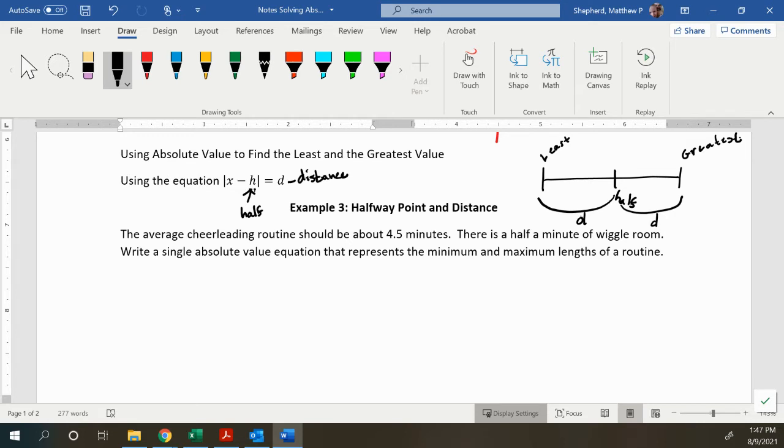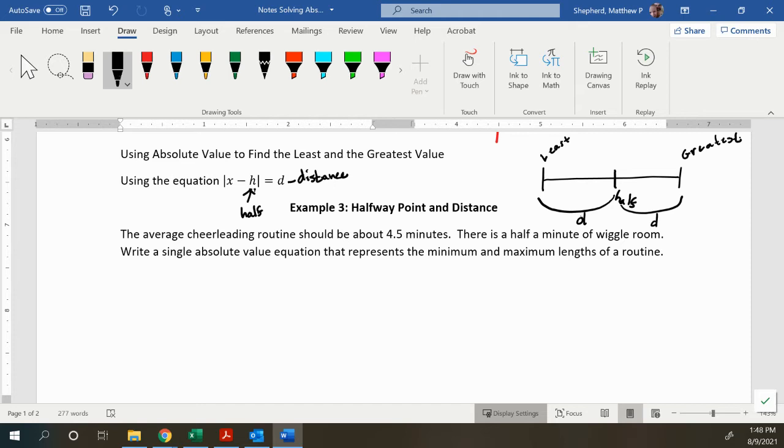And x is going to be the way we solve for how much that wiggle room is. Okay, or no, that's our distance.